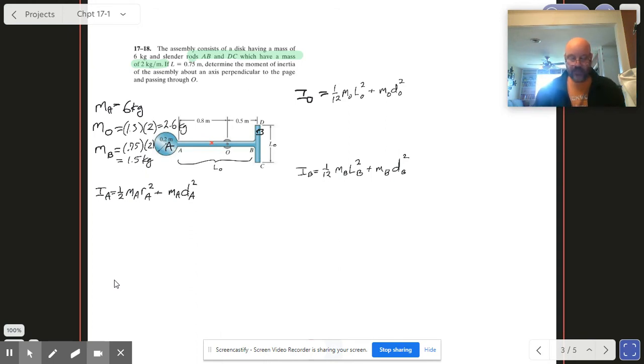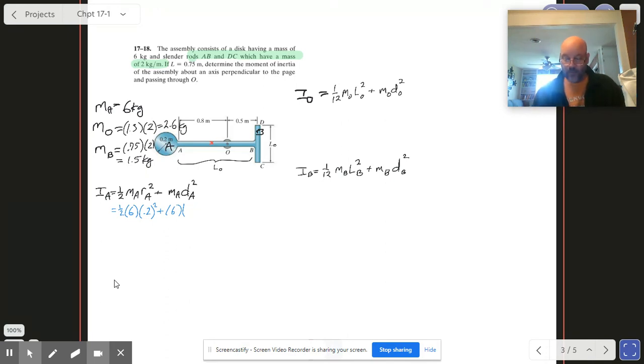Let's start with the disk A. So we're going to have 1/2, and it's 6 and has a radius of 0.2 meters. Okay, so that's the center of mass part. Now we got to do the orbit part, or the offset part. So here we're looking at 6 plus 6 times... Okay, so now let me scoot up here so I can show you.